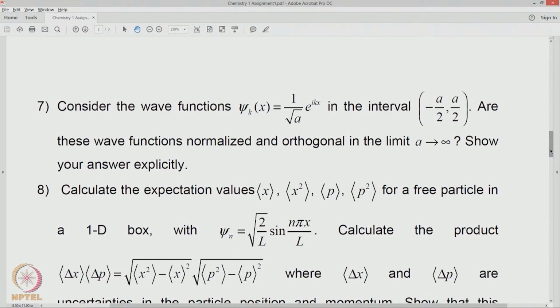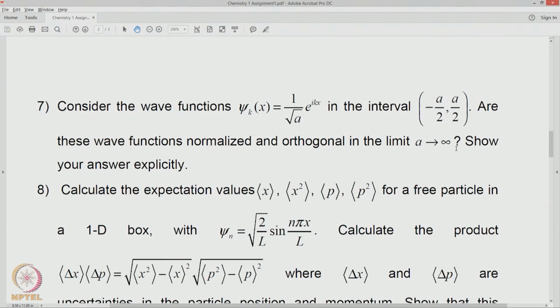The next problem asks us to find out whether the wave function given by this formula, psi k of x equal to 1 by root a e to the i k x, in the interval minus a by 2 to plus a by 2, is normalized and orthogonal in the limit of a equal to infinity.